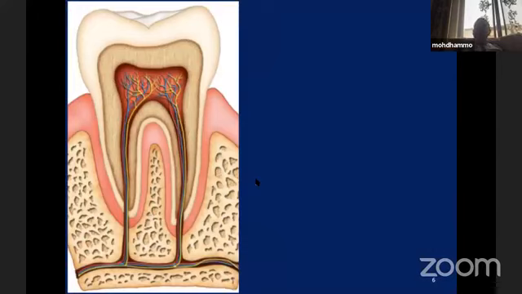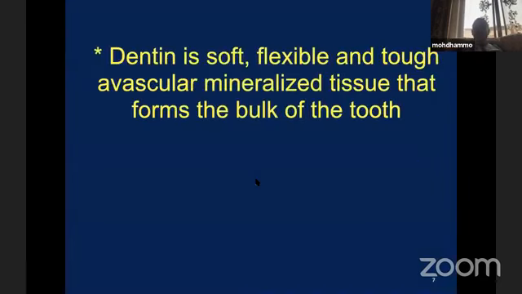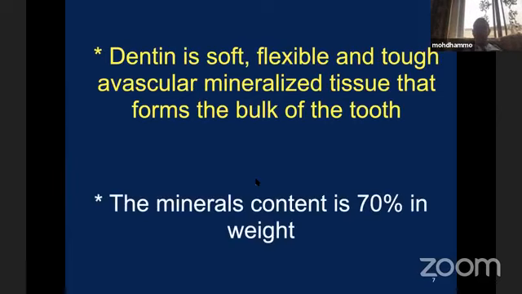The second mineralized part in the tooth is the dentine. The dentine is a soft, flexible, tough, and avascular mineralized tissue that forms the bulk of the tooth. For the dentine, the mineral content is about 70% in weight.